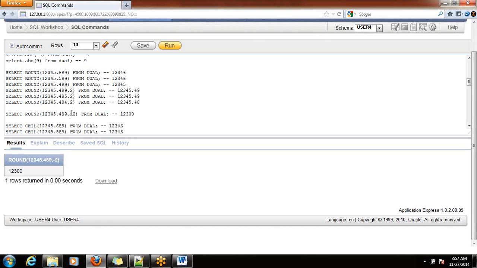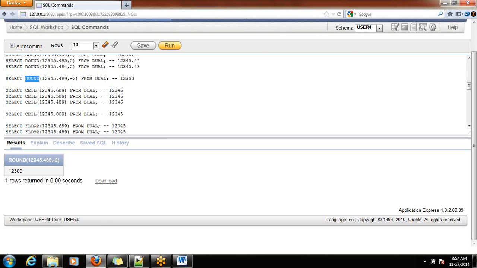Like round, we have the ceil function. Ceil will also give an integer as the result.